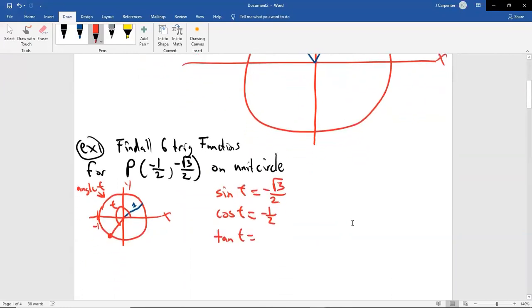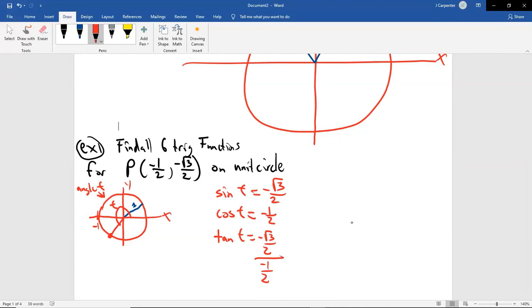Tangent is the ratio of sine to cosine, or the ratio of y to x. Negative square root of 3 over 2, then on top of the negative 1/2. This one will actually have some work to do, though. A fraction divided by a fraction, you're going to see it all semester long. We've already seen it.